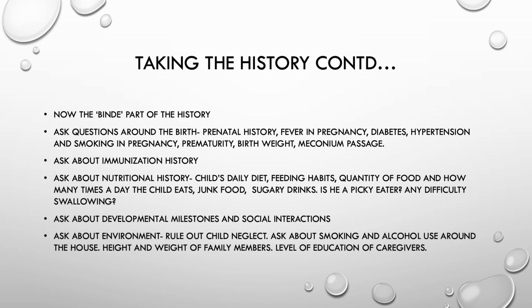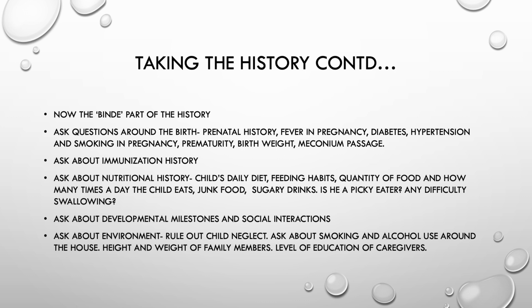So you also want to ask about developmental milestones the child may have achieved and how the child behaves in social interactions. You want to ask about the environment. Really important is to rule out child neglect, because this is one of the major causes of failure to thrive. Also want to ask about smoking and alcohol use around the house, and also to rule out constitutionally small child.